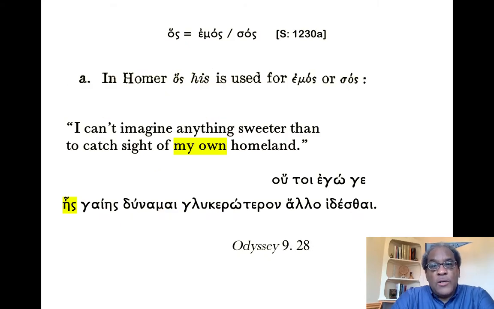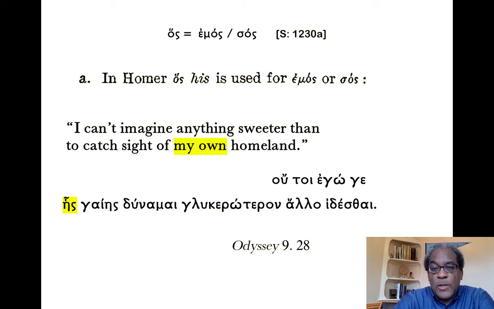Now, Homer can also imitate something we saw in Attic, where hos, the third person, can serve for emos or sos. So in Homer, hos, his, is used for emos, mine, or sos, yours. We have this bit from the Odyssey, where Odysseus is languishing on Calypso's island. I can't imagine anything sweeter than to catch sight of my own homeland.